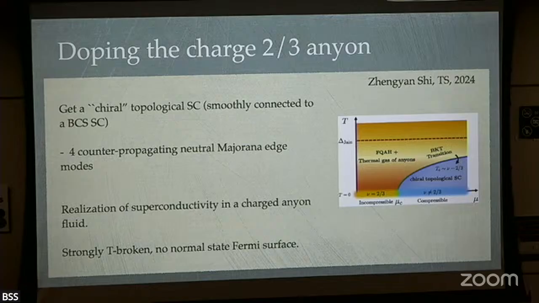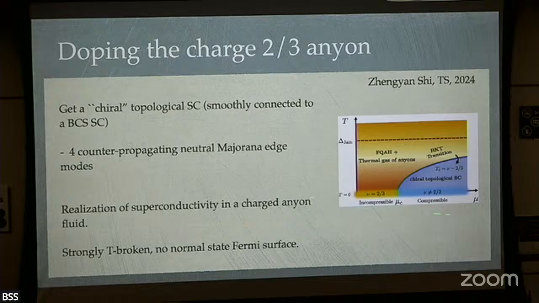It's a charge 2 superconductor. Various people were asking me. And it's a superconductor that's smoothly connected to a BCS superconductor. The only mildly topological thing about it is that it's what's now called a topological superconductor. It has 4 neutral Majorana edge modes.